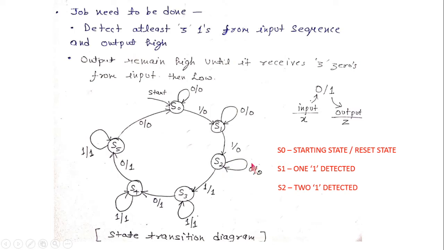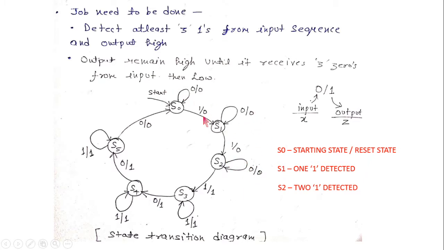Again here, if we get input 0, the state will not change, it will remain in S2. Until now, our desired condition is not fulfilled, since we have to detect at least 3 ones. Until this point we have only detected 1 and 2 ones, so the output is always 0.